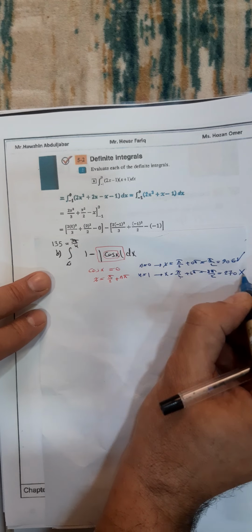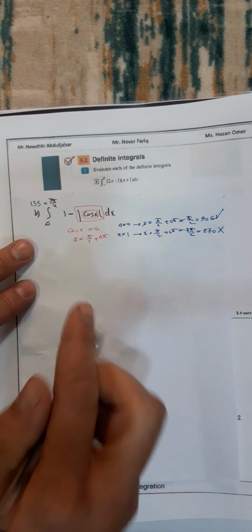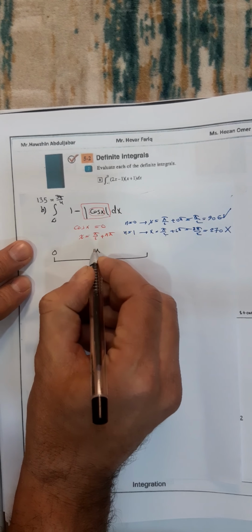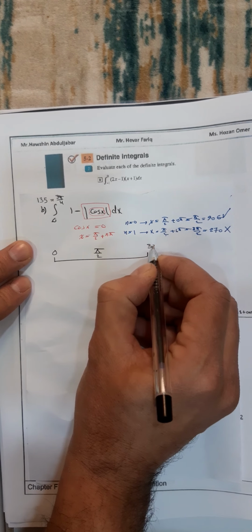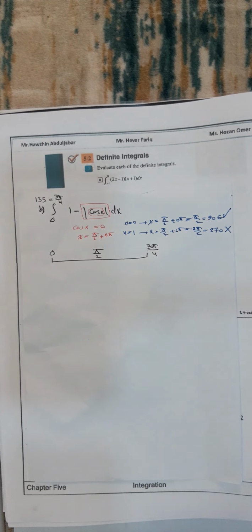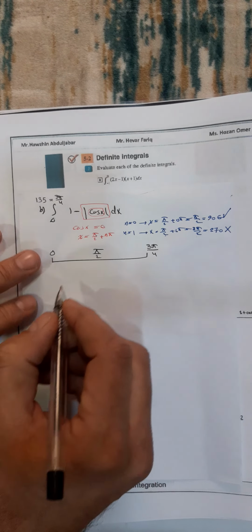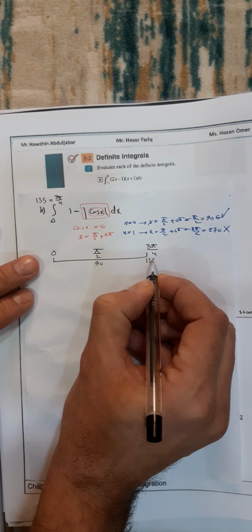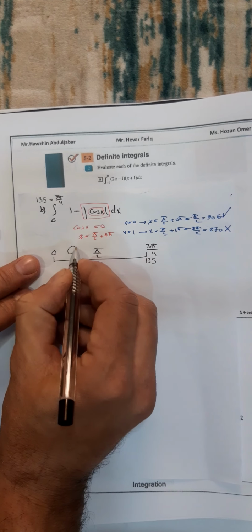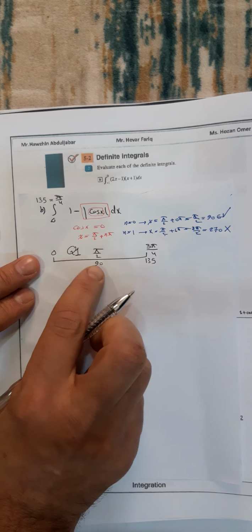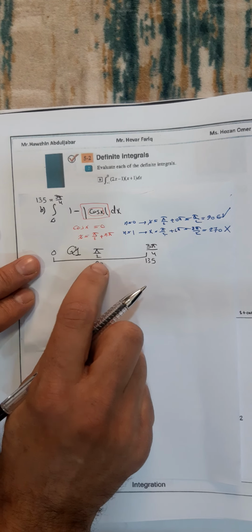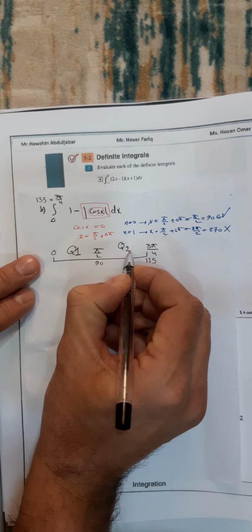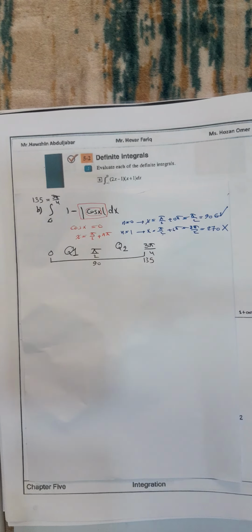So we split the integral into 0 to pi over 2, and pi over 2 to 3 pi over 4. That is 0 to 90 and 90 to 135. 0 to 90 is Q1. 90 to 180 is Q2, so 90 to 135 is also Q2.